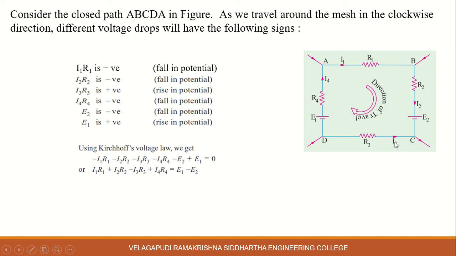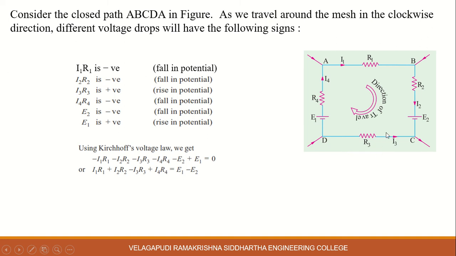Next, coming to the voltage drop across R3. Here the current through R3 flows from node D to node C. Current always flows from higher potential to lower potential, where higher potential means positive sign and lower potential means negative sign. But here we consider the clockwise direction. So for the voltage drop calculation of R3 we meet the negative sign first and then the positive sign.